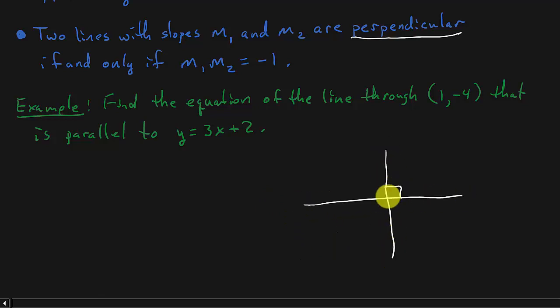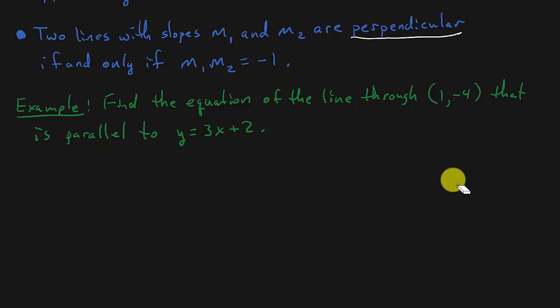That's lines like that. They intersect. Do you remember what that means? That means they intersect at a 90-degree angle. So what this is telling me is that they're perpendicular if and only if I can multiply the two slopes together and I get -1 as an answer. Well, there's an easier way to think about it.